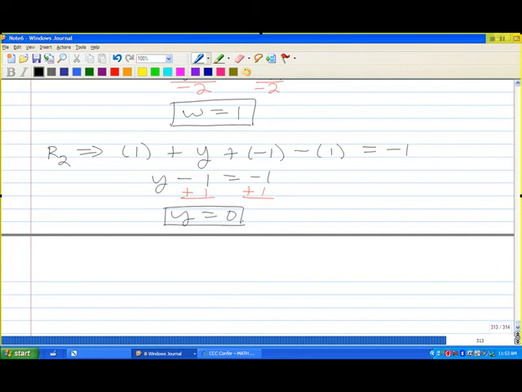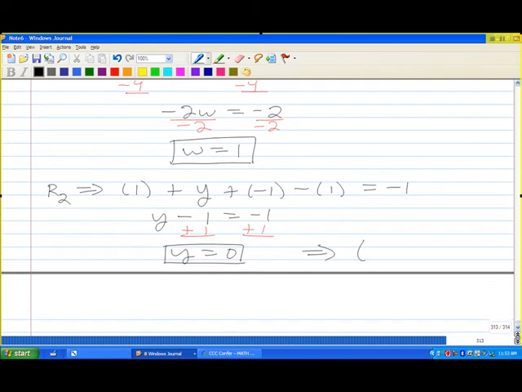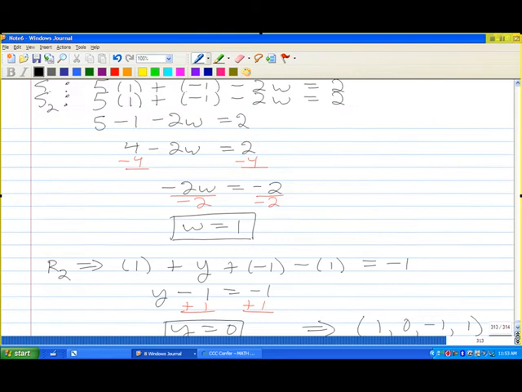And so my solution, maybe I should write it all together. And so my solution is x is 1. Y is 0. Z is -1. And w is 1.